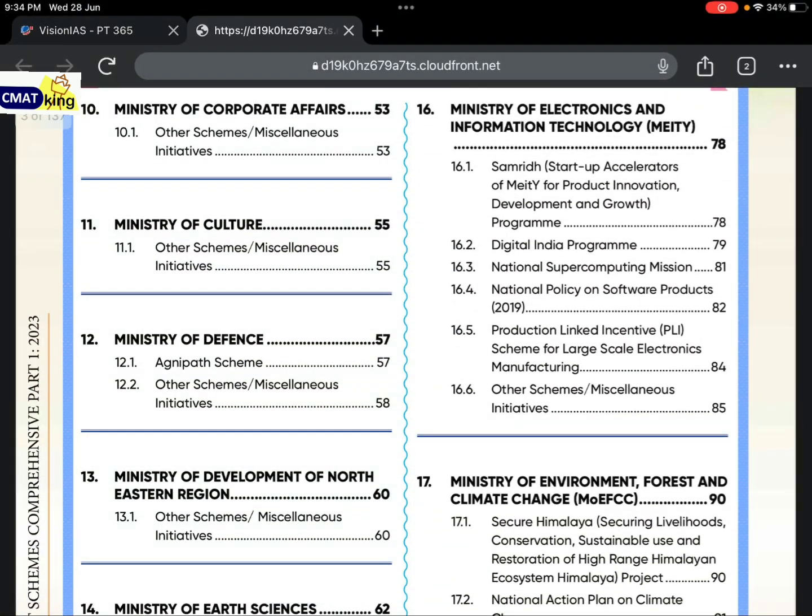Then again, Ministry of Electronics and Information Technology, that becomes important because there are startup accelerators.